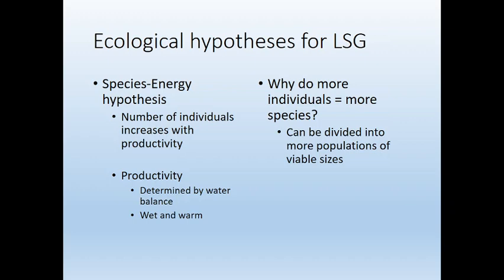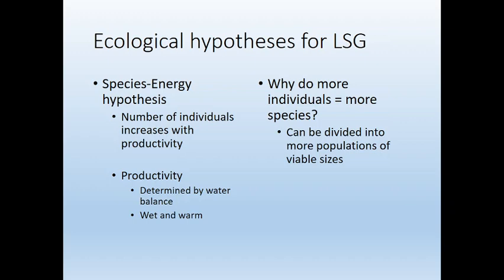Okay, so what we see is as you increase productivity in the system, and remember, productivity is just how much energy is flowing through the food web, and we're not just talking about primary productivity here, but productivity at each trophic level within a food web, the more energy you have flowing through a system, the more individuals you can have.